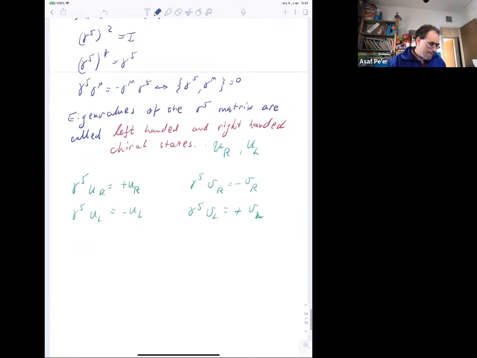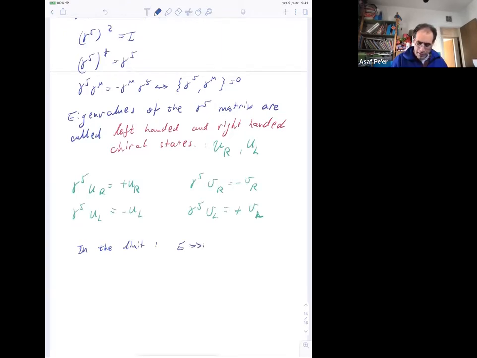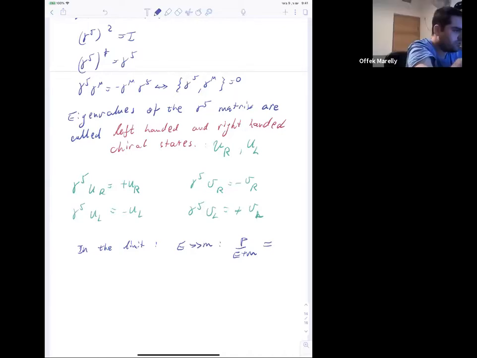Now, in the limit of high energy, so E much greater than M, then we have that P over E plus M. What is that going to be equal to? Yeah, P divided by 2E.